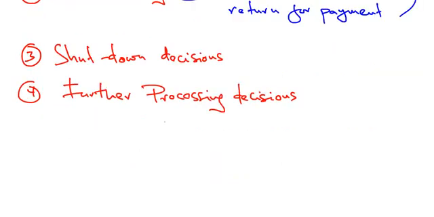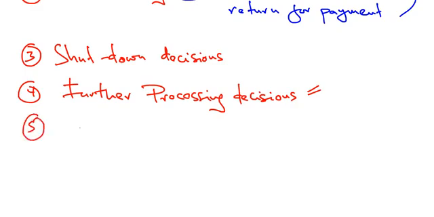Further processing decision is where you have joint products, and I've already done a detailed lecture on this. Please look it up. I did a detailed example of further processing decisions. But it could be any other decision.